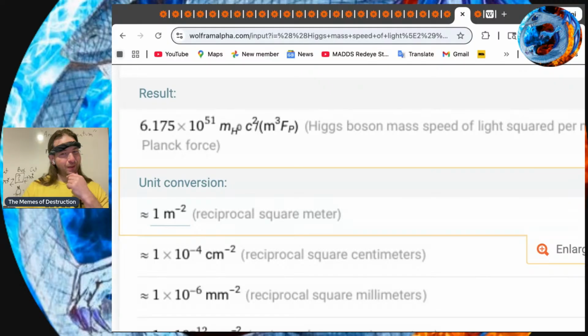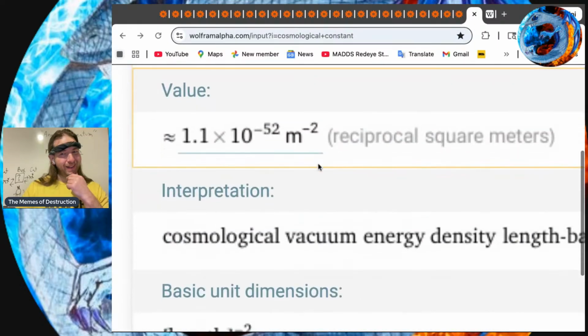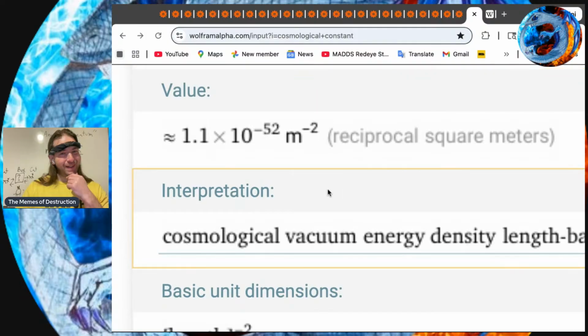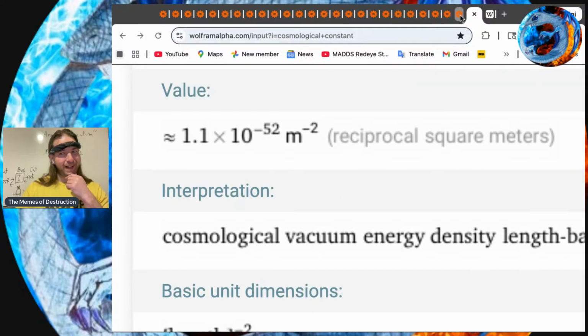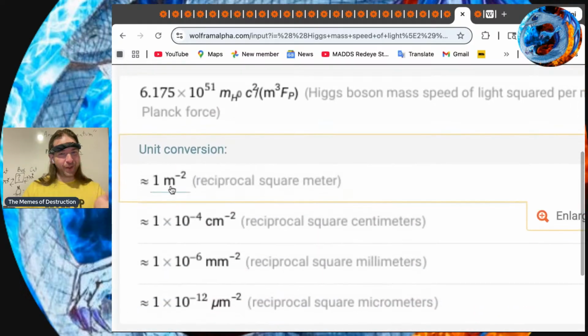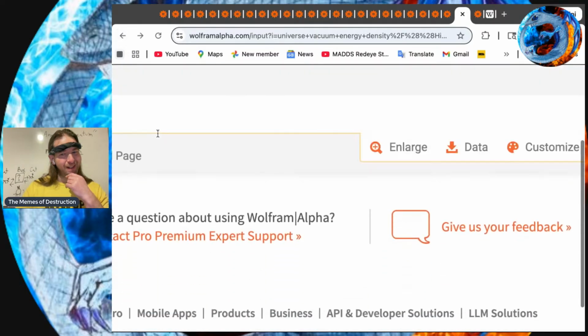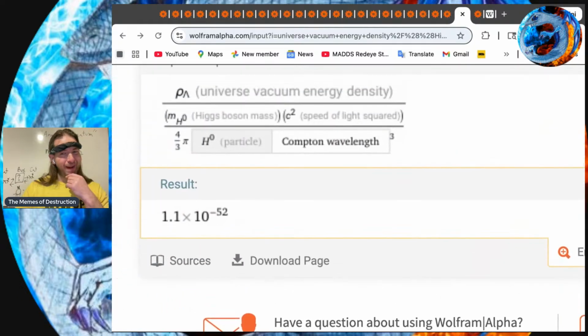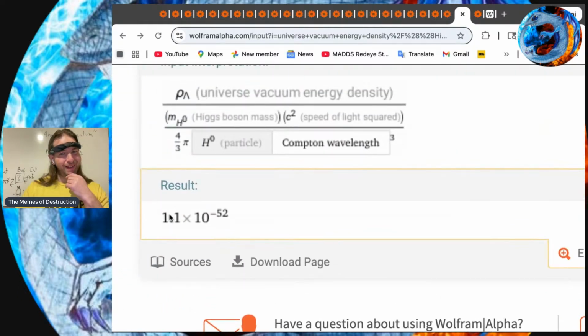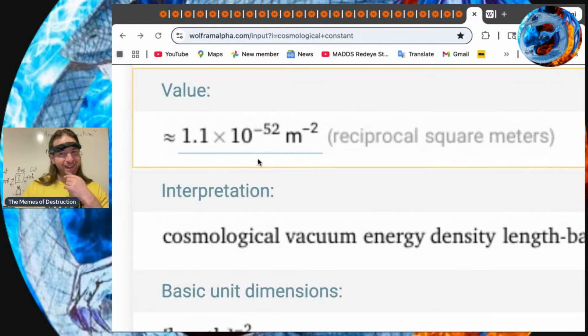That 1 reciprocal meter squared is the units of the cosmological constant. Okay? So when we multiply by that, we get about the reference dimension of measure. And when we compare it to the vacuum energy density, we're getting the magnitude, and then if we multiply by that, we're going to get this.